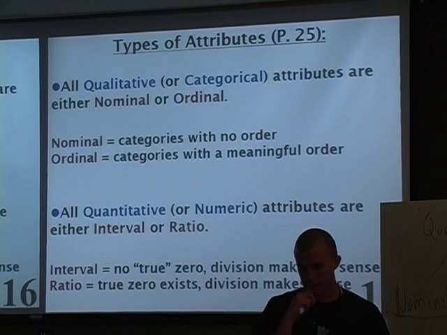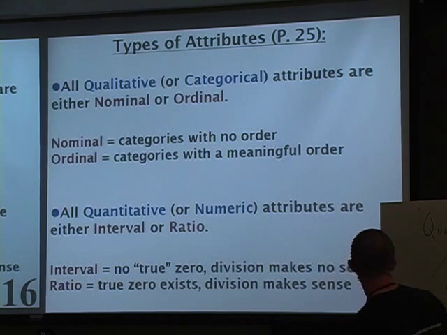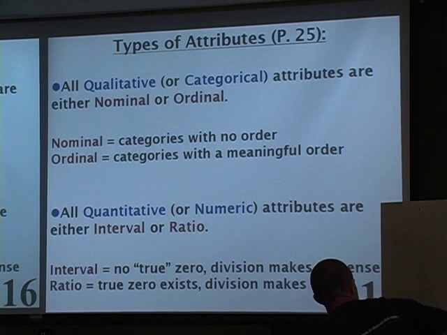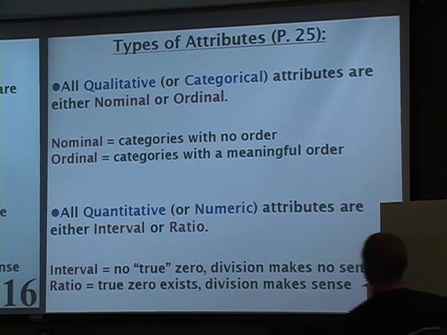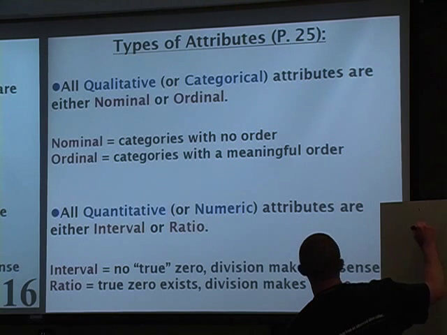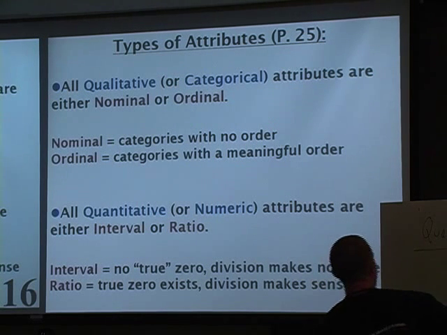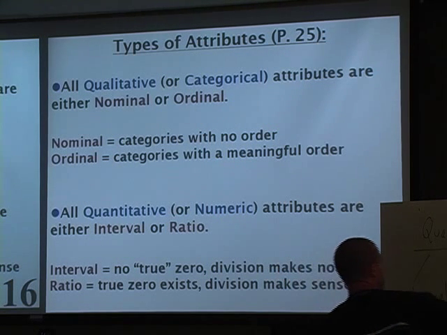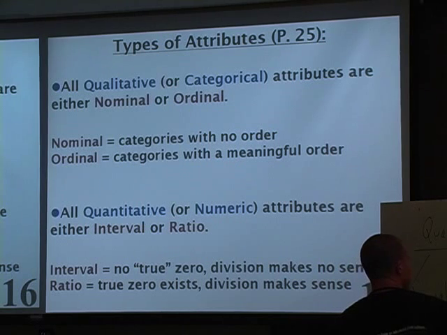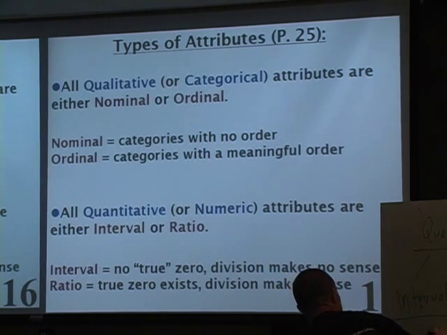The other distinction, for quantitative attributes, is that we split them into interval and ratio. This one is probably even trickier and more murky, but let me talk about it. If something is quantitative or numeric, it can be either interval or ratio. Interval has no true zero.